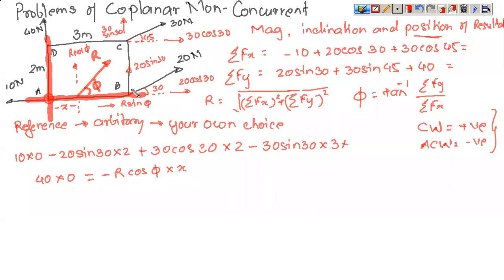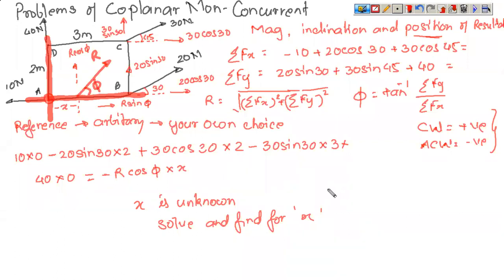In this entire process, x is unknown, and you can solve and find x. If you solve it, you will get the value of x, because r and phi are previously known to you.